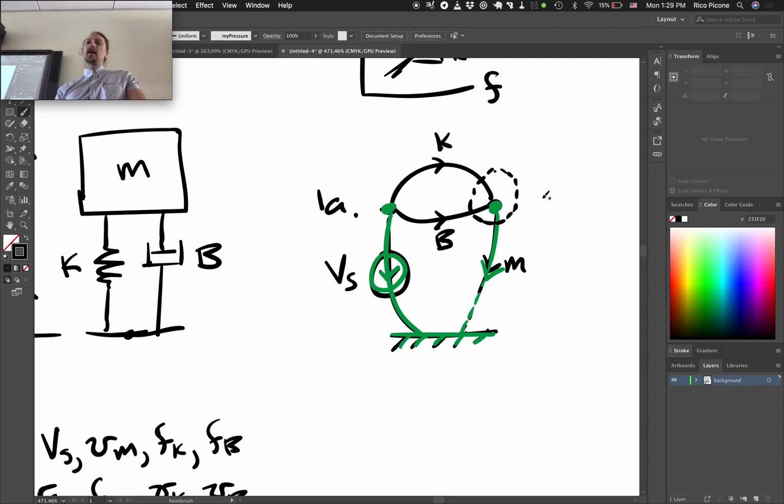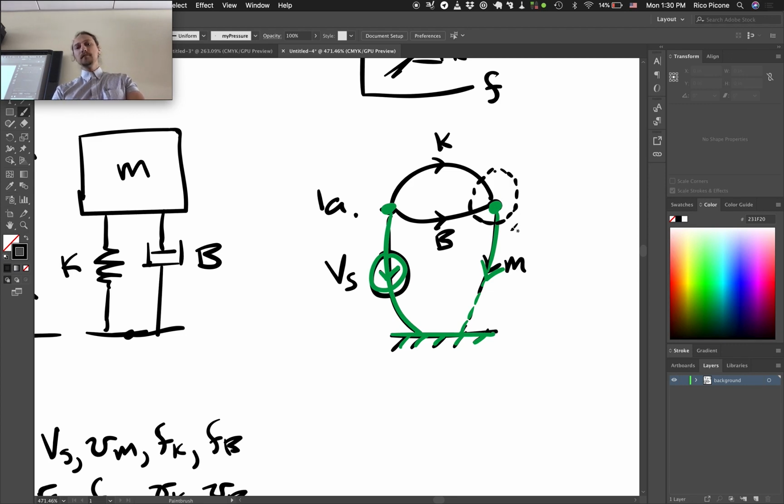And we want to write the continuity equation that corresponds to this contour, and solve that for Fm, the through variable associated with the branch that we're cutting.